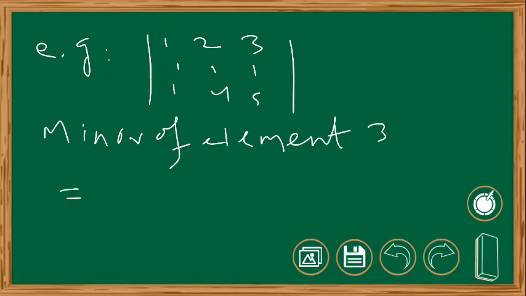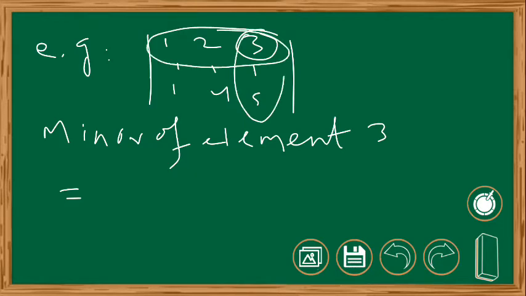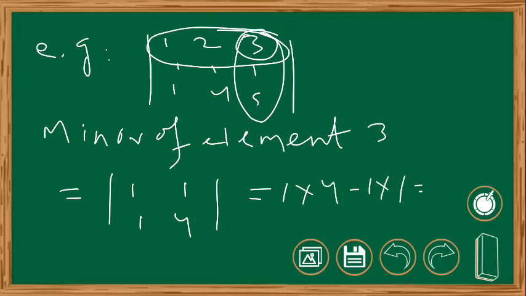That is the determinant which is obtained by removing the row and column containing 3. You can see this one is 3. So you remove the row and column containing 3 and find the determinant of the remaining elements. If I remove 3, then what I am left with is 1, 1 and 1, 4. And the value is 1 into 4 minus 1 into 1, which is equal to 3. So this is the minor of element 3.